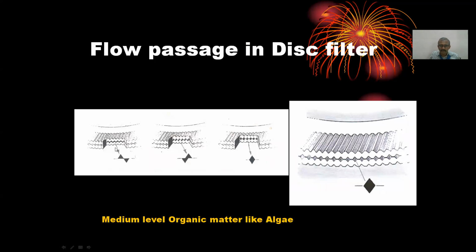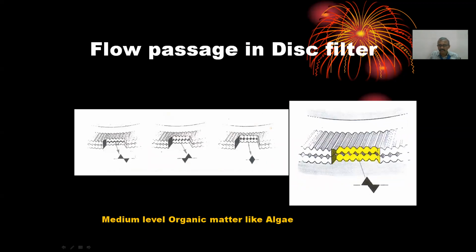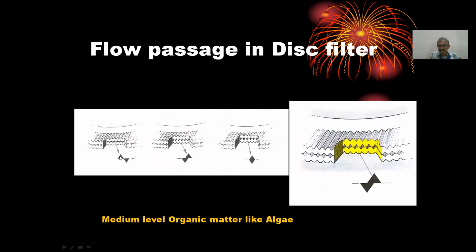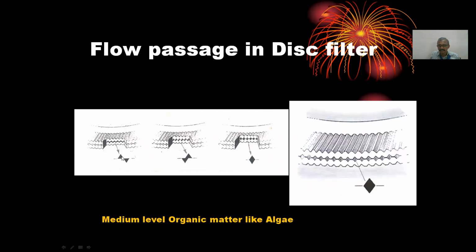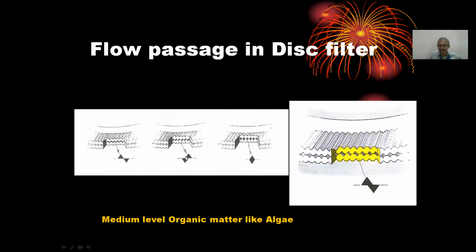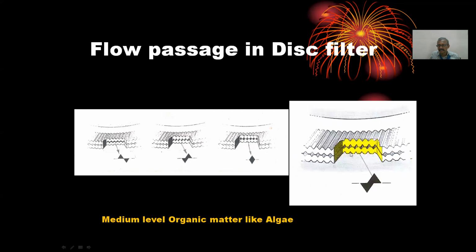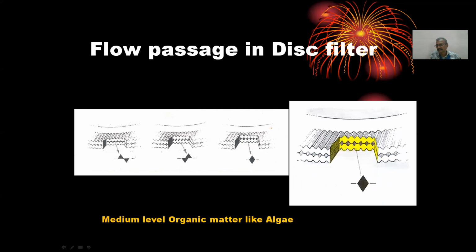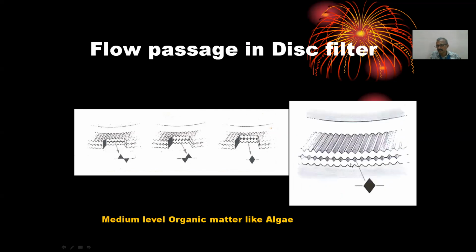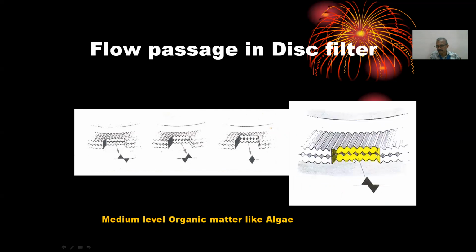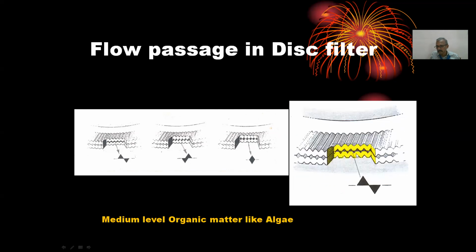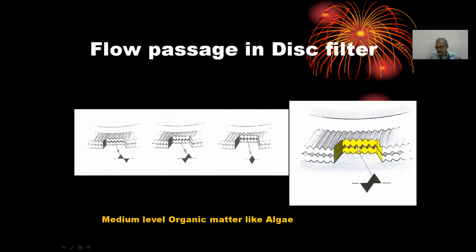And when water goes in between the discs, the flow passage, the opening shape, keeps on varying along the way. Look at this GIF image. You see how the shape of the flow passage gets changed.